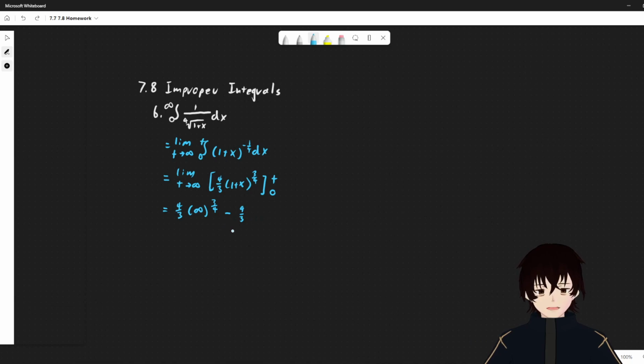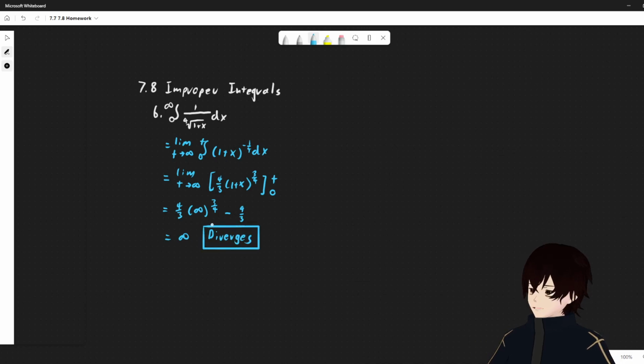And if I have an infinity, this is infinity. Therefore, it diverges. Is that right? I feel like this one should converge, not diverge.